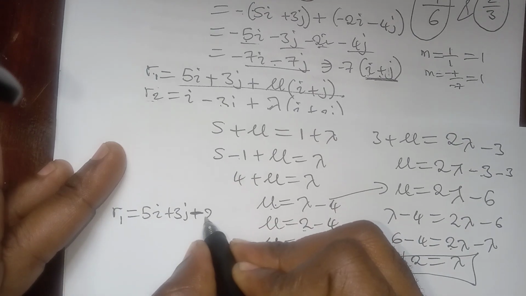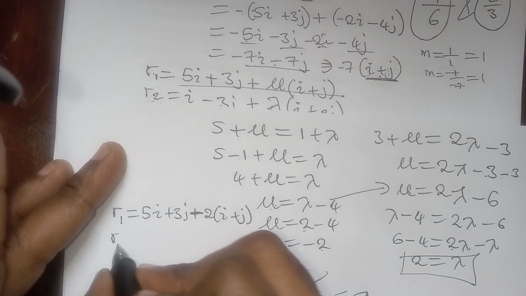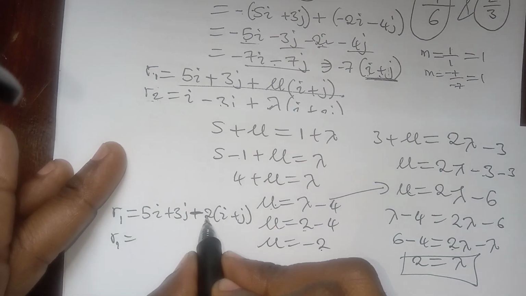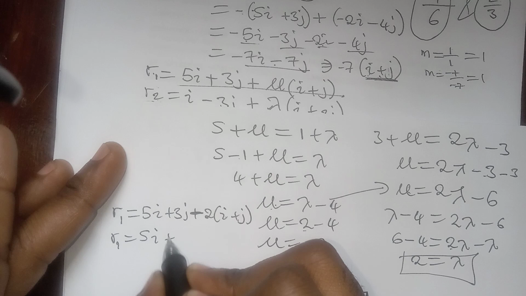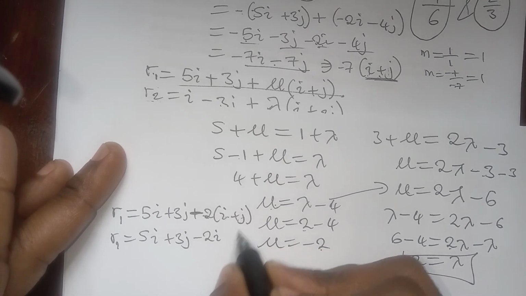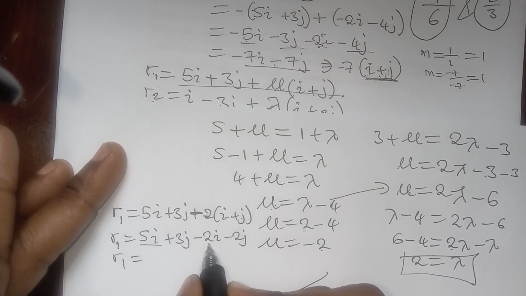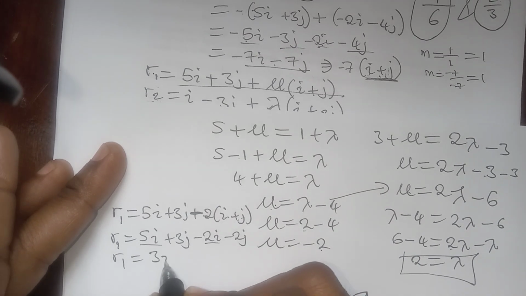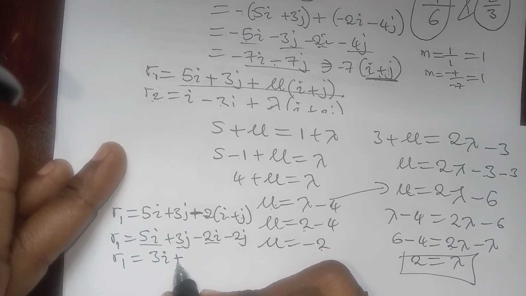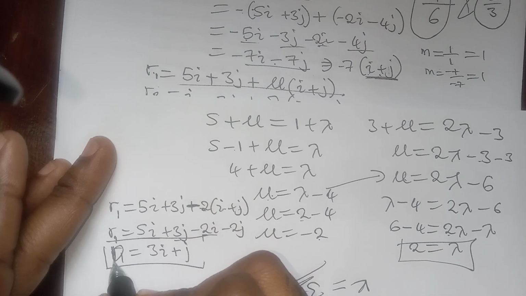So this one will be minus 2i plus j. So r1 will be, let's expand, 3j this and this, minus 2i this and this, minus 2j. Then r1 will be this minus this, which is 3i, this minus this is j. So these are the coordinates for r.